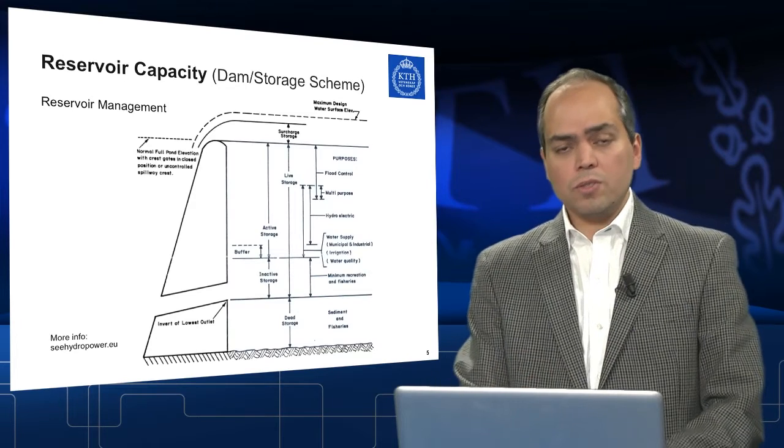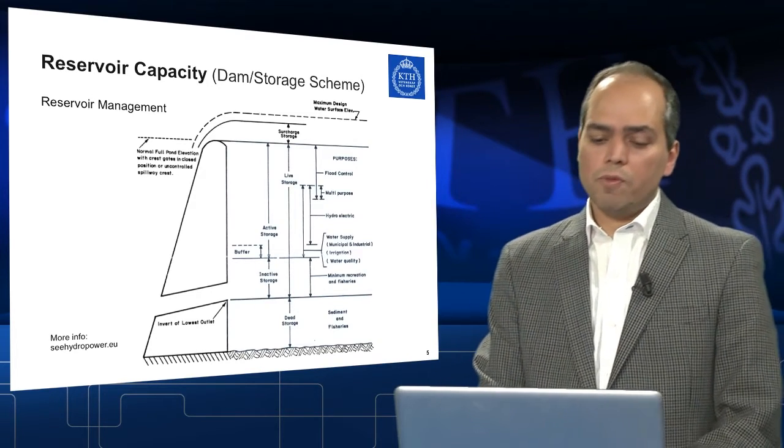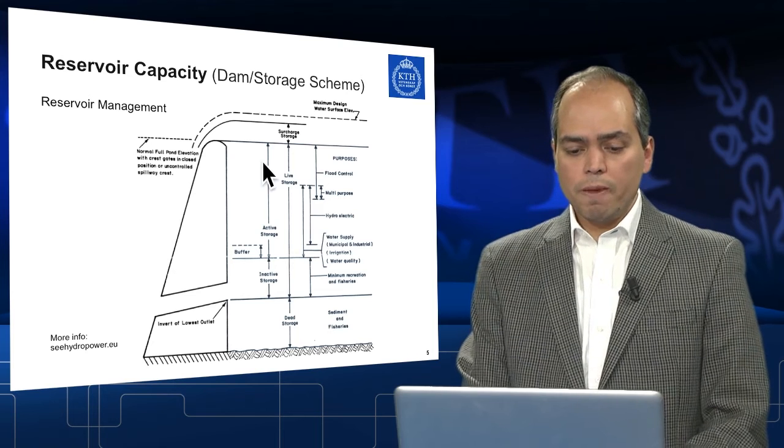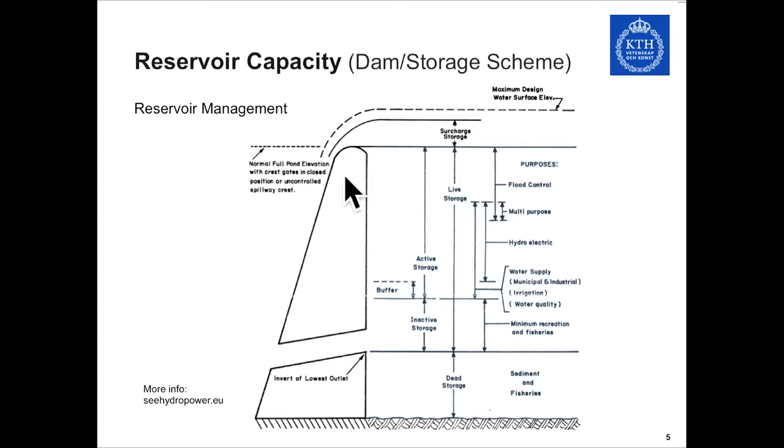And here I could show you a schematic of a reservoir, of a dam. If we look here, this is the dam body itself, and this is the outlet of the dam that could go toward the power station plant. Normally this is the top level that a reservoir could have, and if it comes above this one, then water spills over the dam into the downstream.